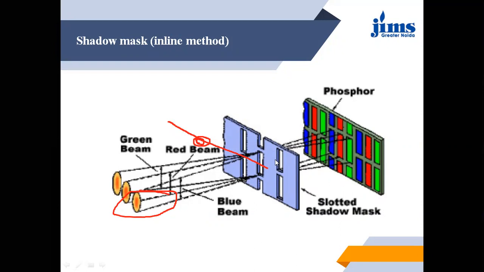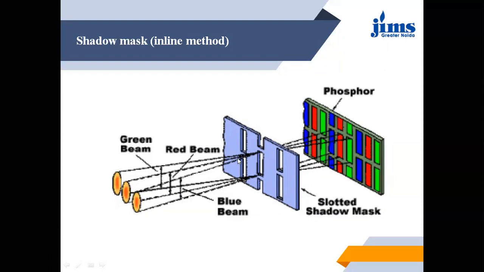Means instead of holes, it has strips. When the beam passes through this mask, it decides the position of the image on the phosphorus coated screen.